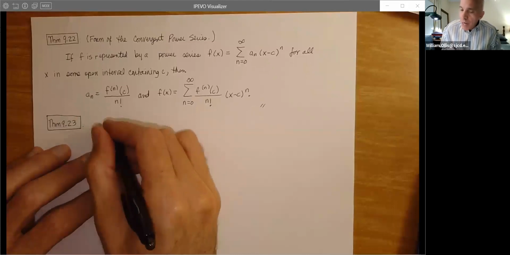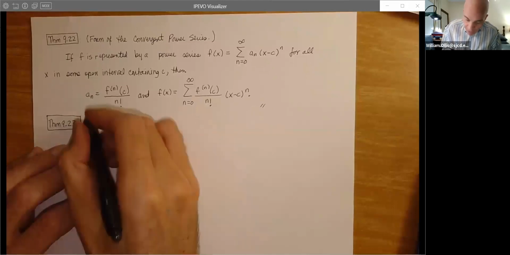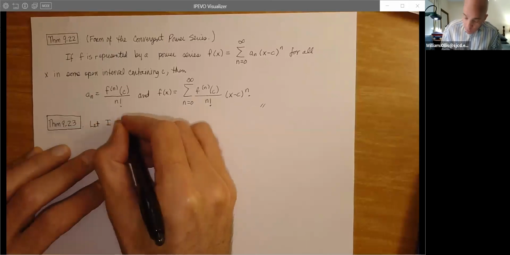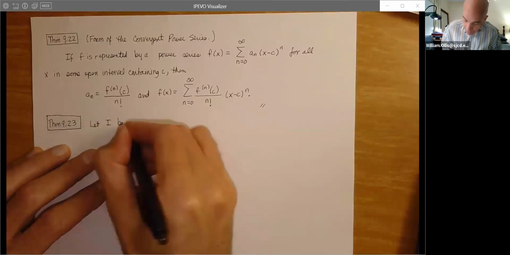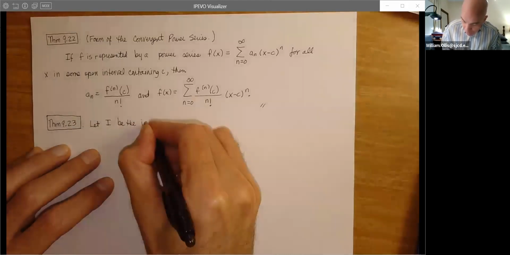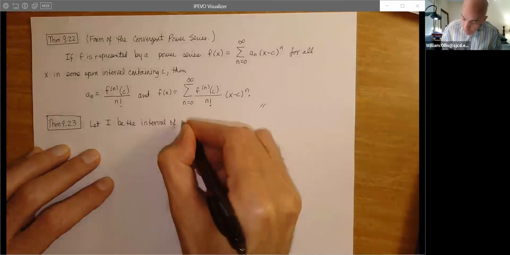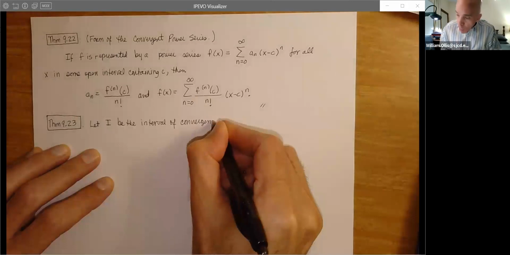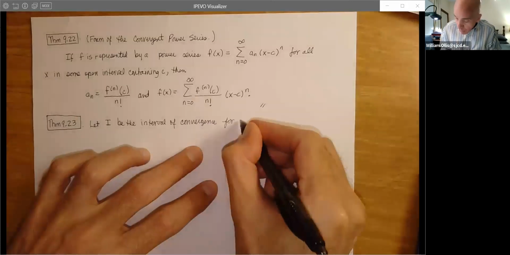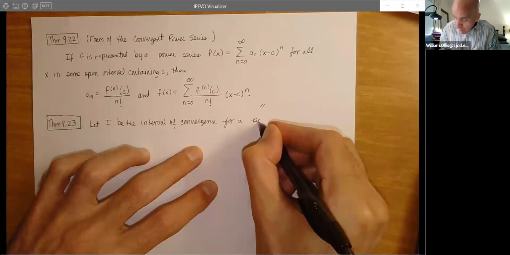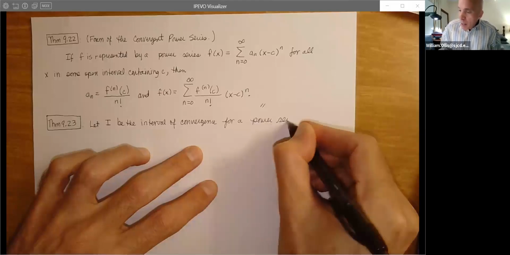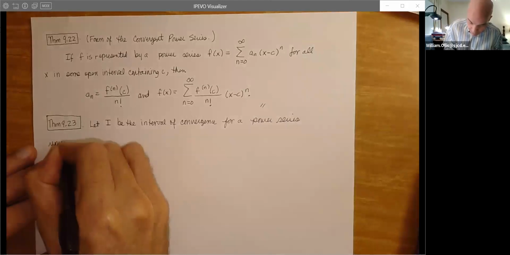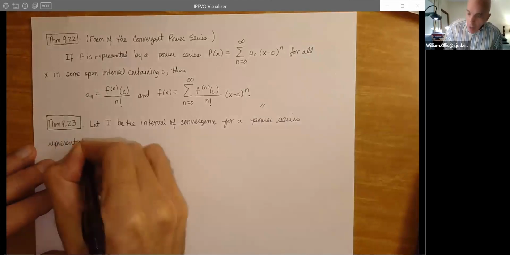But what I have here is the following. Let I be the interval of convergence for a power series representation of f of x.